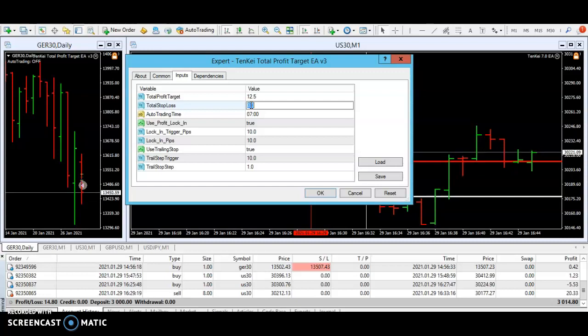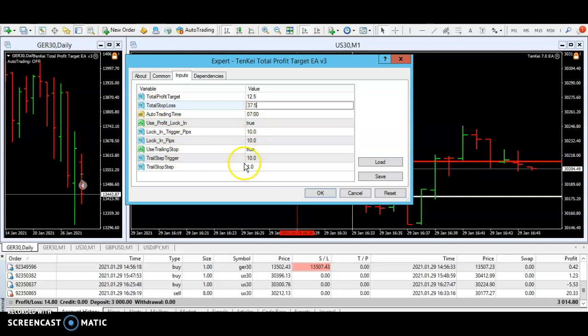It's 37.5, isn't it? Auto trading time is the time we started trading for the day. And you've got your profit lock-in here, the locking trigger here, the lock-in pips here. That's how you use the TPT.